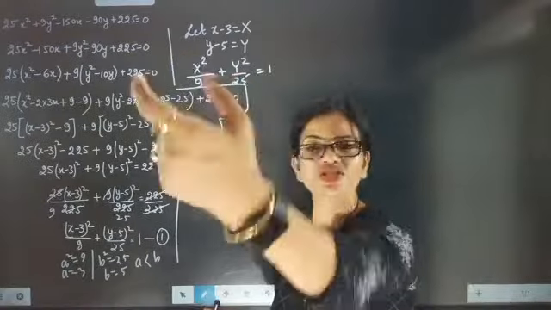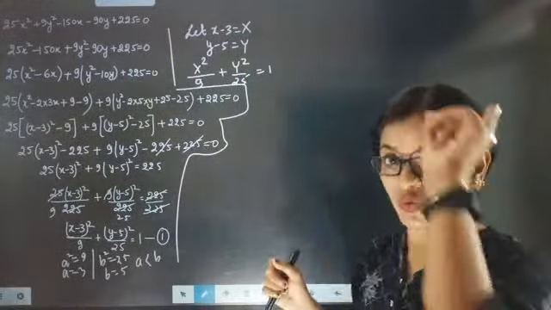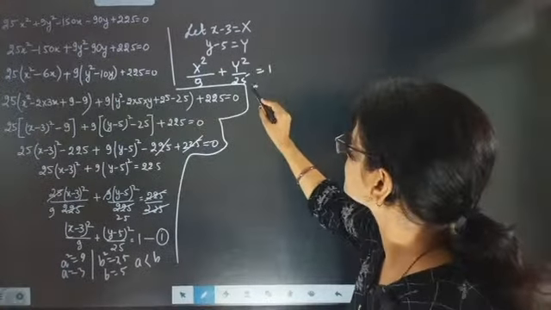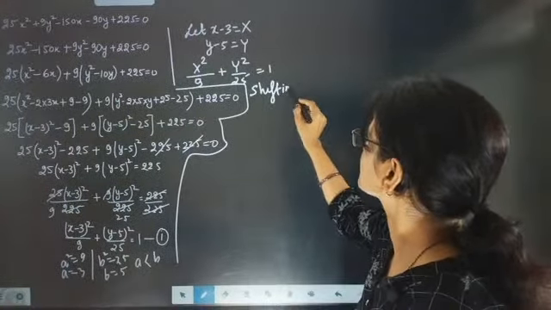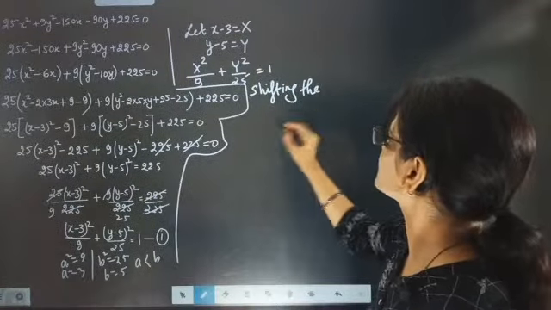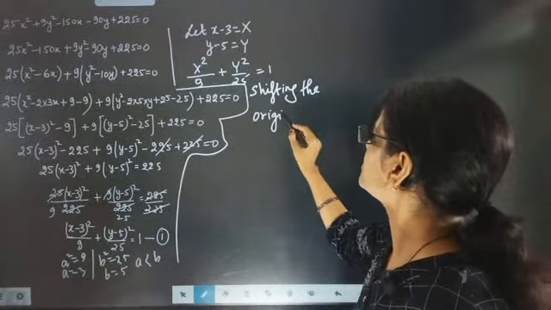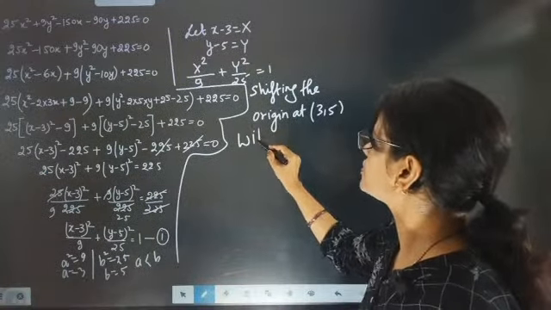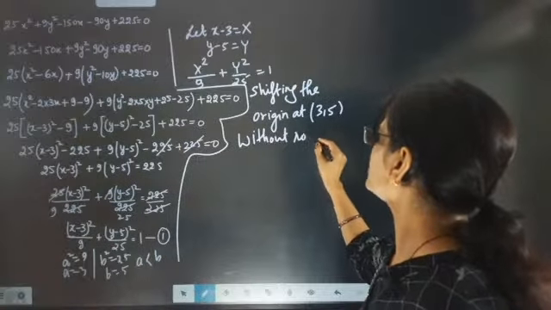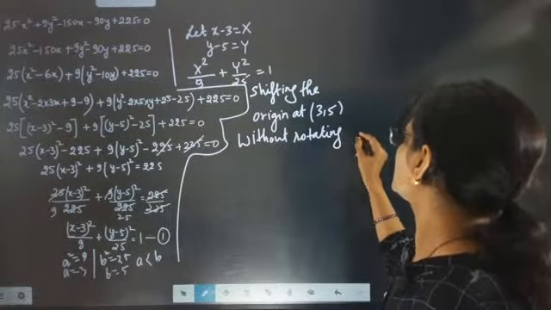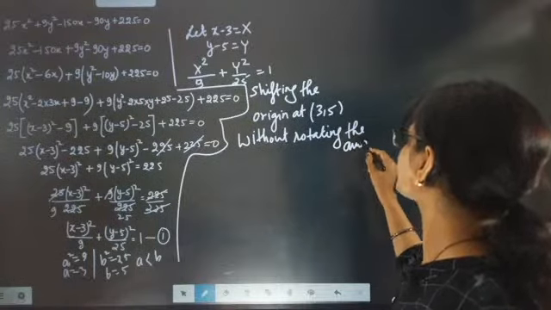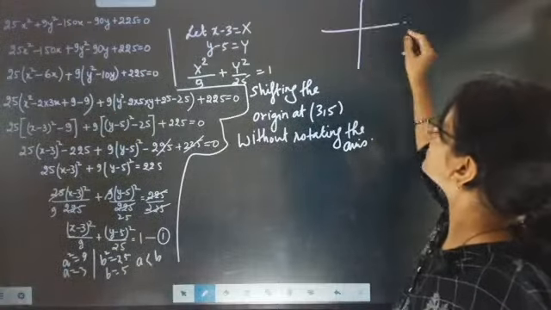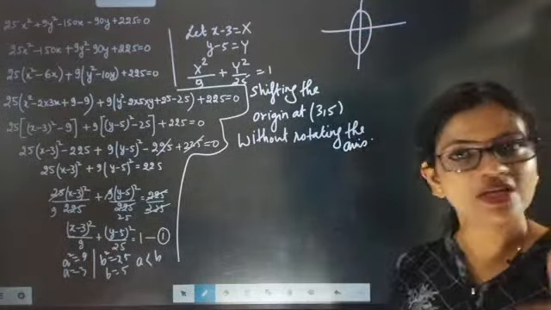We are going to shift the origin at 3, 5 without rotating the axis. Now our most important point is our ellipse is like this. So now everything will change.